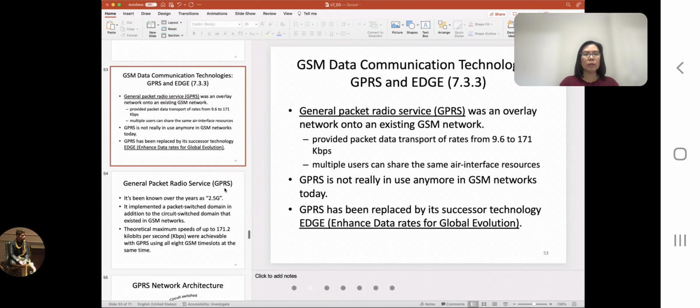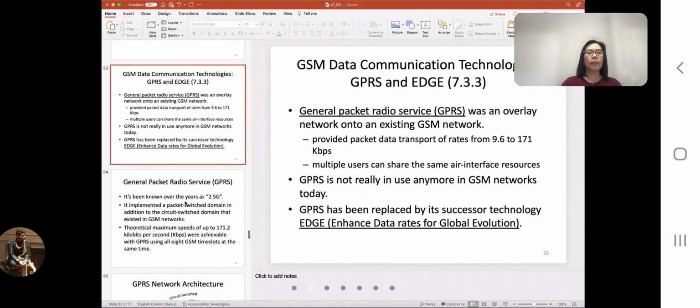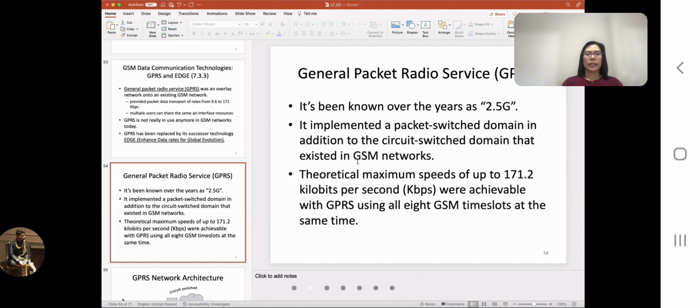All right, so now we'll talk about GPRS, and then we talk about EDGE, right? GPRS is not used anymore in GSM networks, but it's good to know GPRS because EDGE is built upon GPRS. Basically GPRS is called 2.5G, because it's an enhancement on top of the GSM network.